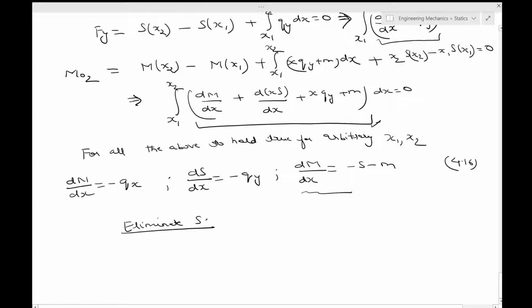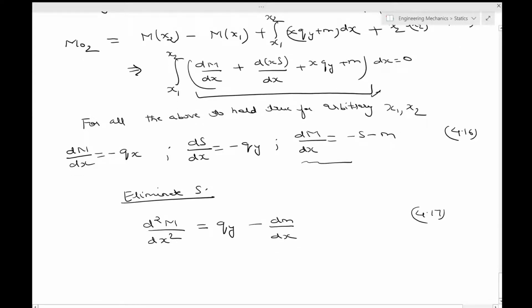So that will give you d2M by dx square is equal to qy minus dm by dx, equation 4.17. So if you differentiate this one with respect to x, you can utilize dS by dx from over here.